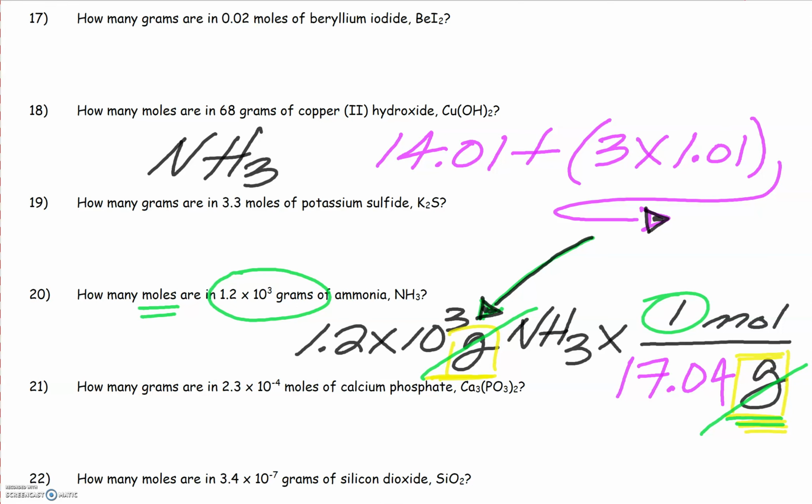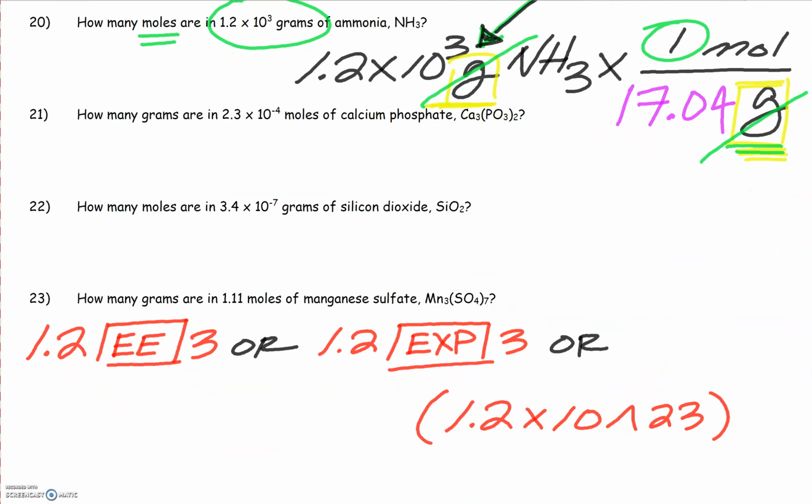Now, one of the things students kind of struggle with is how do you enter that in your calculator? So there's a couple of ways. You can do 1.2 double E3, double E meaning your exponent, your exponential. It's an exponential button on your calculator. You could do 1.2 EXP. This is what it looks like on your phone or on the Google calculator we look at.